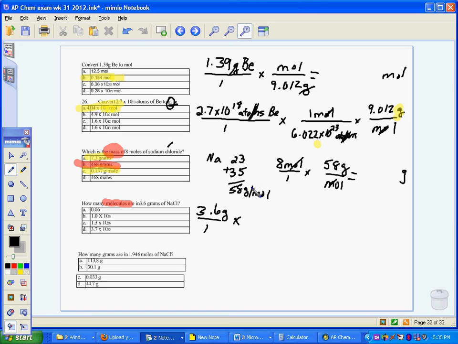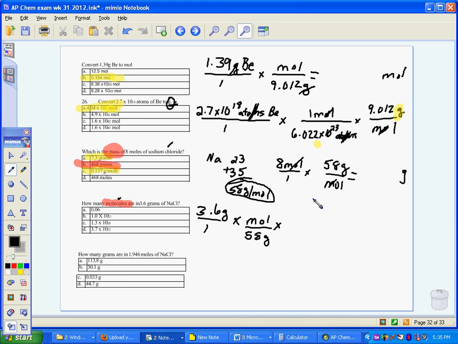Again, I've already figured out that it's 58 grams per mole. So I say to myself, well, I want to get rid of grams, so what do I do with this number? I'll put 58 grams on the bottom, mole right here. Okay, actually, this word ought to be formula units instead of molecules because it's an ionic bond.